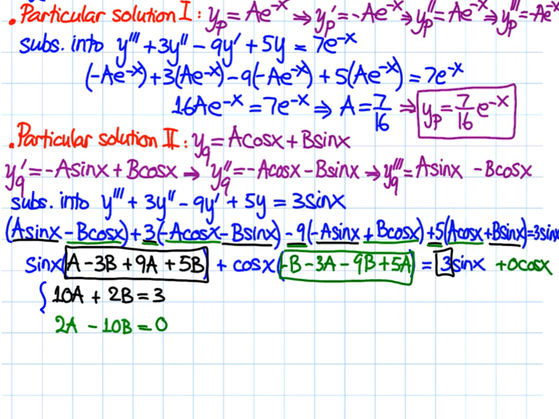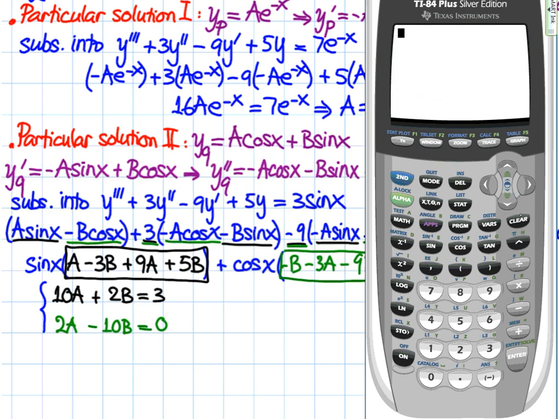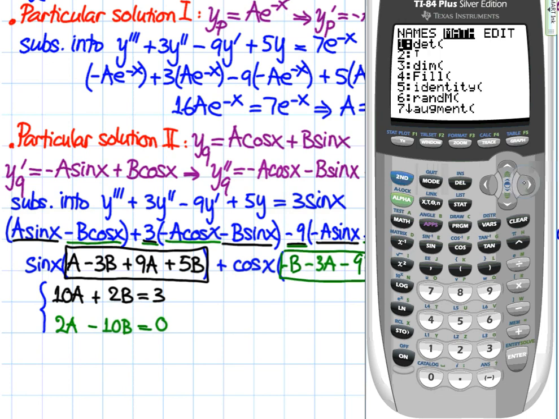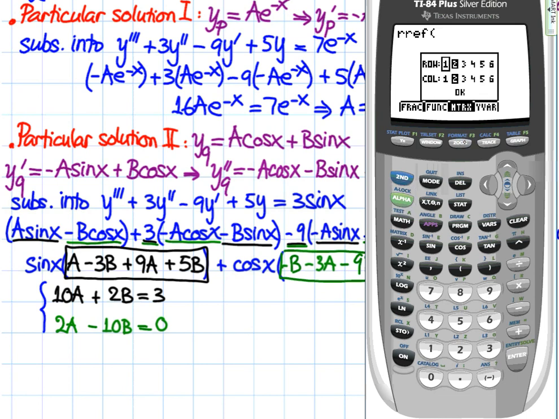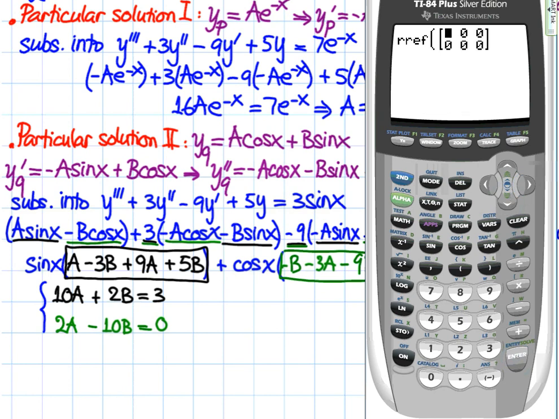I will use the calculator again. I will type that into a 2 by 3 matrix and then do the reduced row echelon form. So second, go to here, reduced row echelon form, and then we put the matrix 2 by 3 and hit alpha, zoom, and then let's say 2 by 3 matrix, and pretty much just enter the numbers.